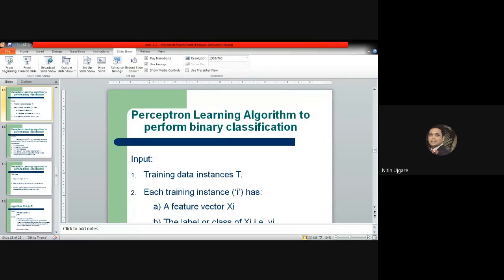My next question is, under which circumstances is a perceptron classifier used? So any guess? See, least square regression or least square classifier, Bhumika, is one kind of linear classifier.